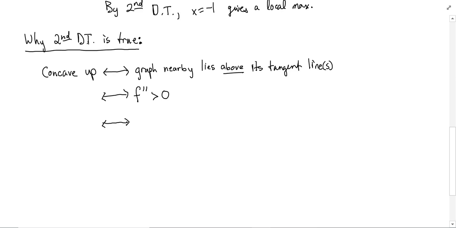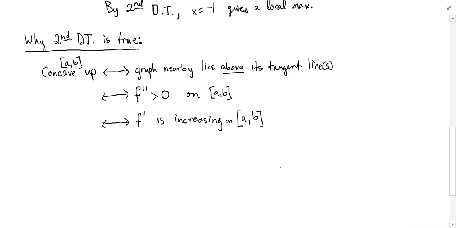The second derivative being positive tells us that the first derivative is increasing. Both of these things are taking place on some interval, a to b. We're talking about concave up on an interval from a to b. f prime then would be increasing on the interval from a to b.